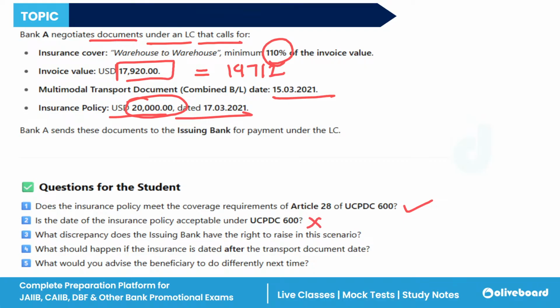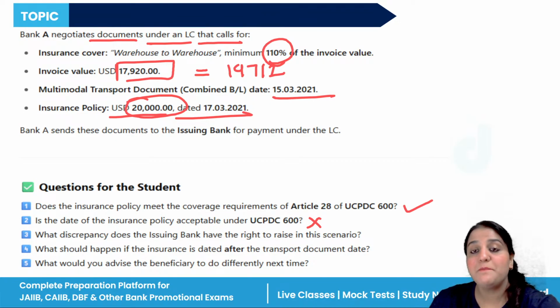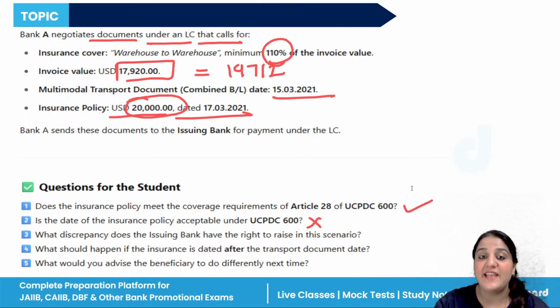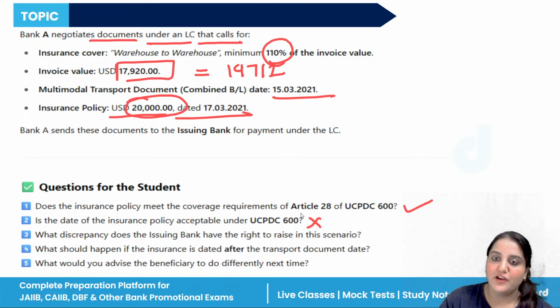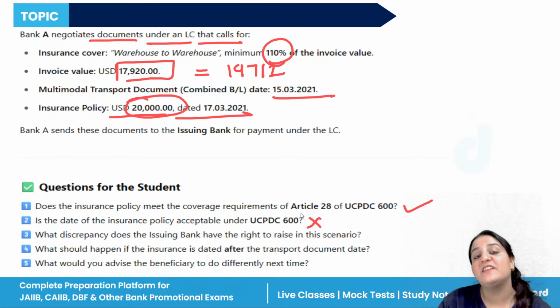No. Why? Because Article 28 clearly says that the date of insurance document must be not later than the date of shipment, unless it appears from the insurance document that the cover is effective from a date not later than the date of shipment.